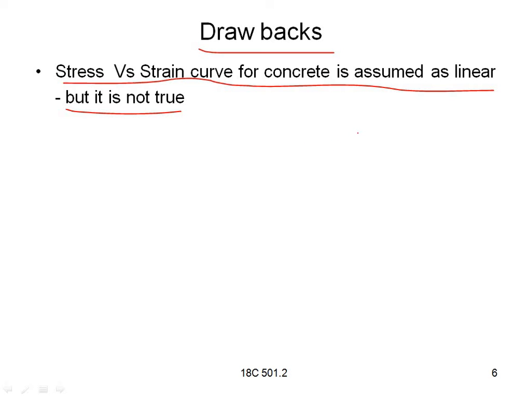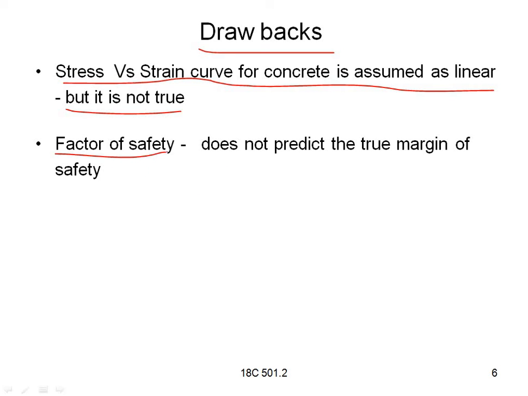You know the stress versus strain curve; I will be explaining it. The factor of safety does not predict the true margin of safety. By taking the factor of safety, we cannot give 100% assurance regarding the margin of safety of a structure.